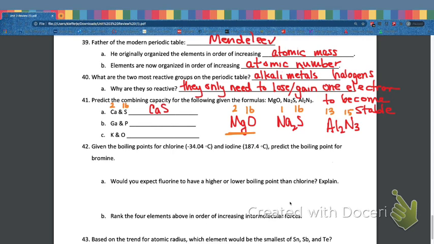Gallium is in column 13, and phosphorus is in column 15. So since these are in the same two columns as aluminum and nitrogen, when they form a compound, it's going to be Ga2P3.